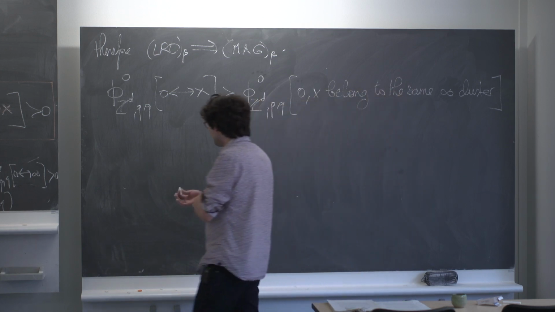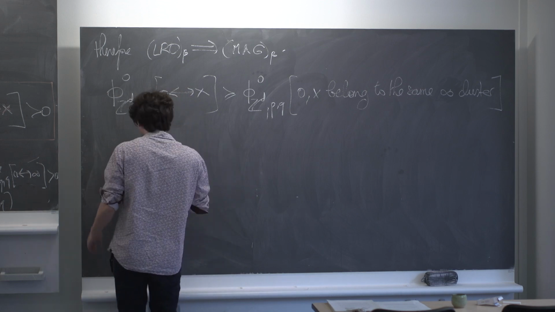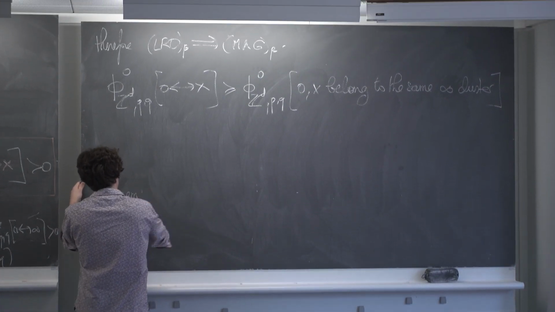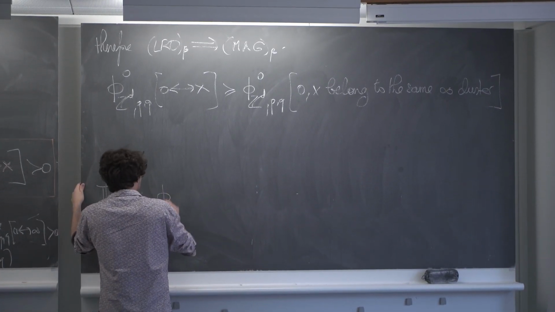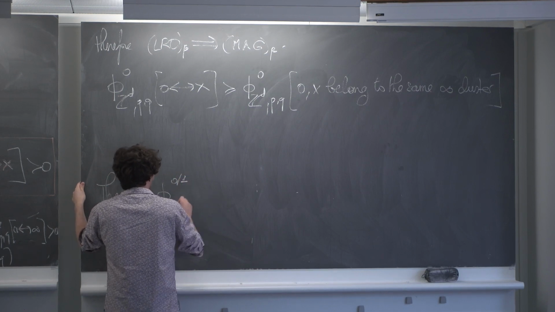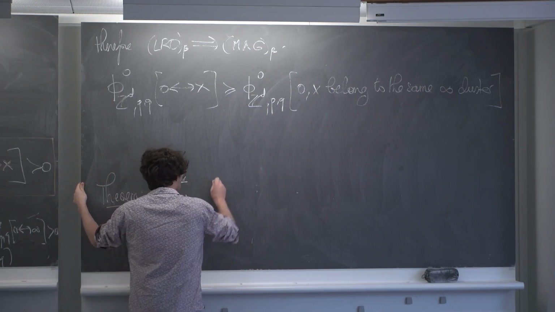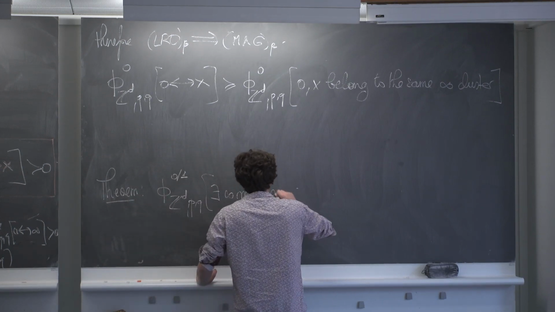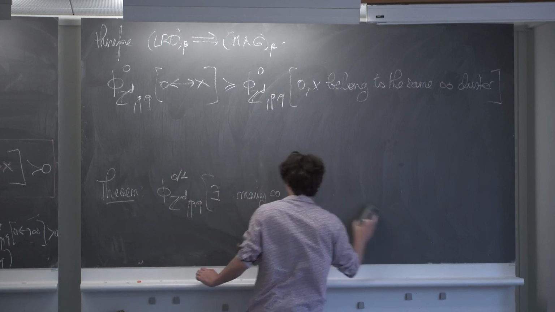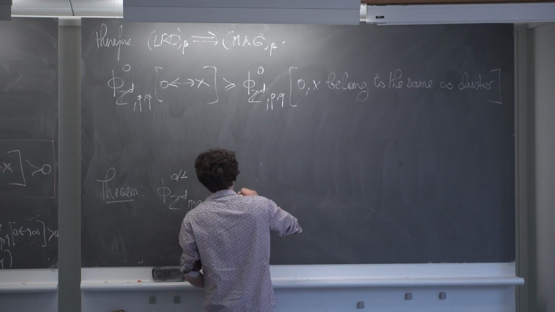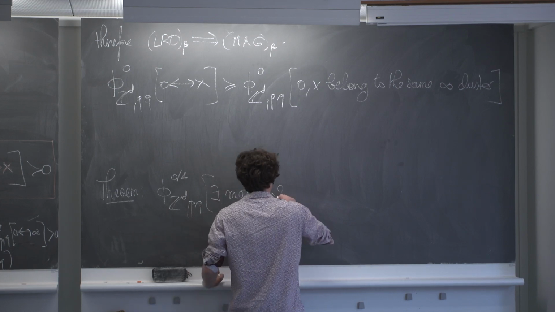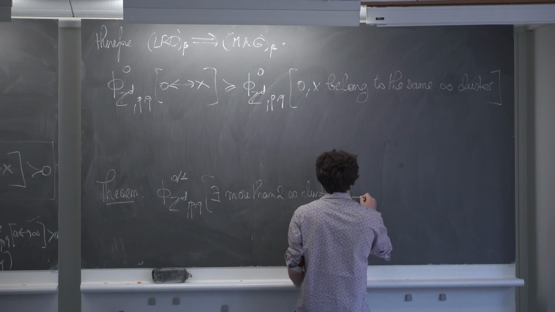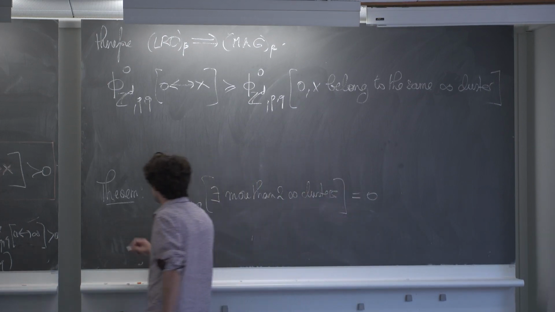So here, we are going to prove the following theorem: phi 0, and in fact, you could also put 1, ZD PQ of there exist more than 2 infinite clusters. We are going to prove that this is 0, always.